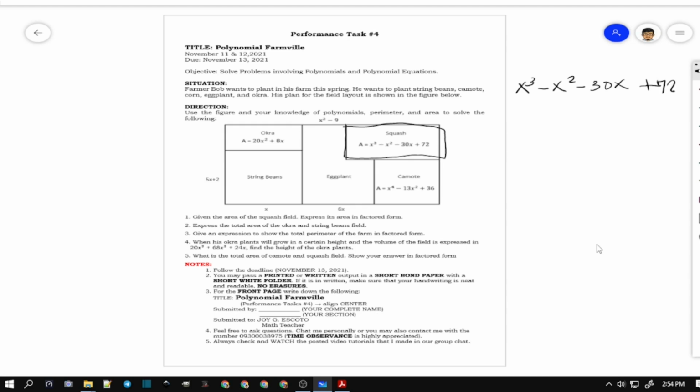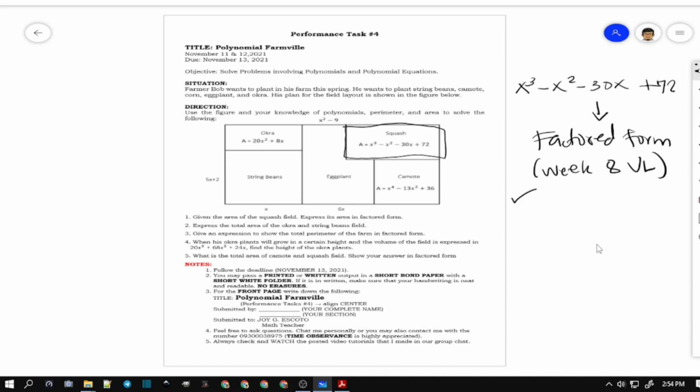So, you have to express this into its factored form. For your reference, you may use the week 8 video lesson that I sent to our group chat. Now, what is the process?